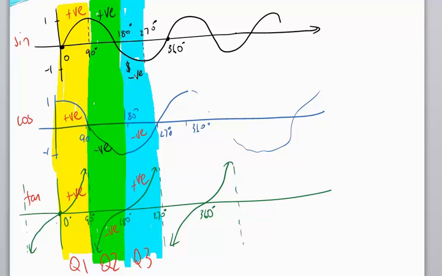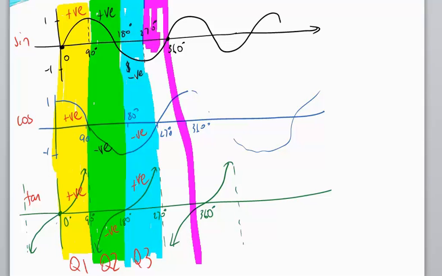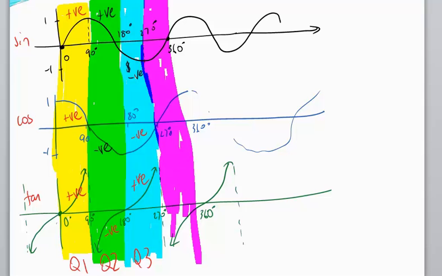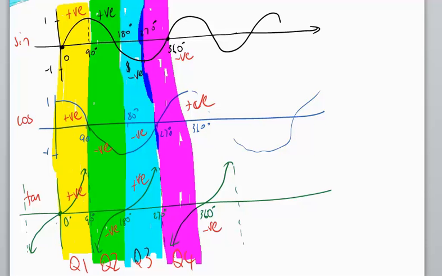Then our fourth quadrant between 270 and 360 degrees here. So we see here our quadrant 4. So here we're negative for our sine, positive for cosine, and negative for our tangent function there.